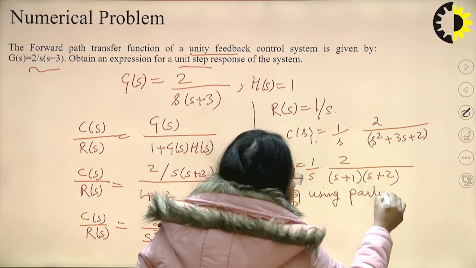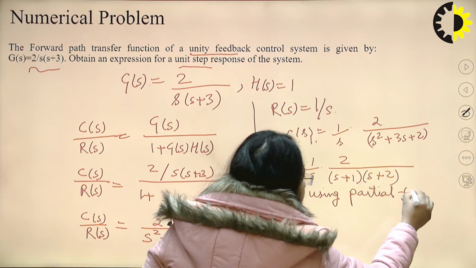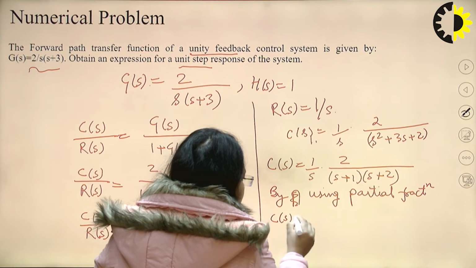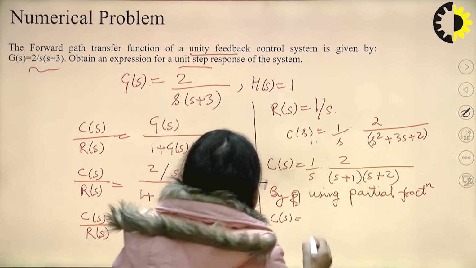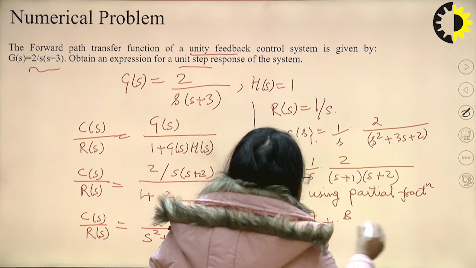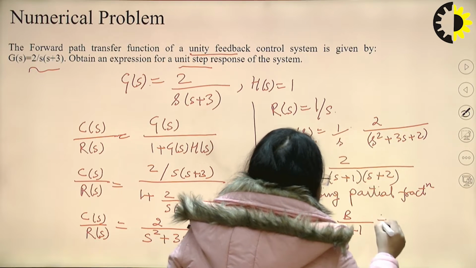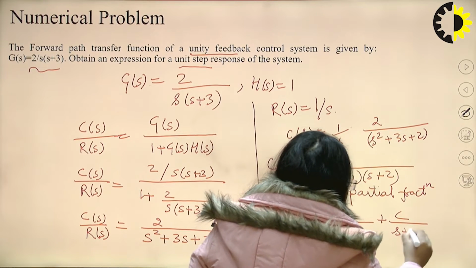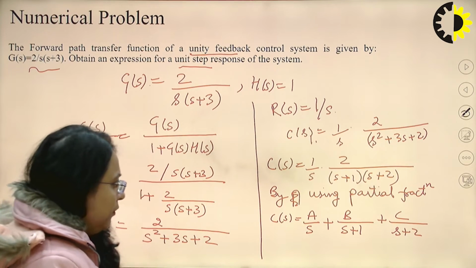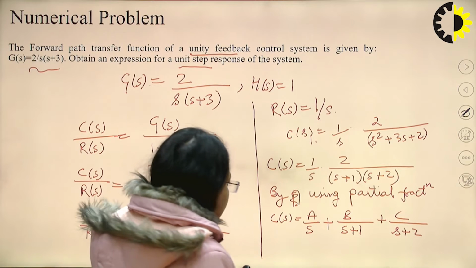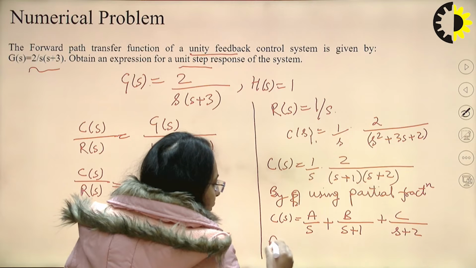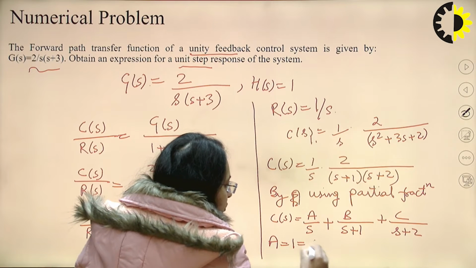we will find the value of C(s) properly. That is, C(s) will be equal to A upon s plus B upon (s plus 1) plus C upon (s plus 2). First, we will calculate the values of A, B and C. When we solve this equation, the value of A will be 1 and C also will be 1.